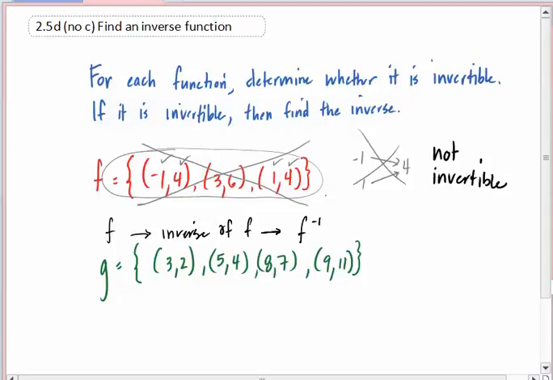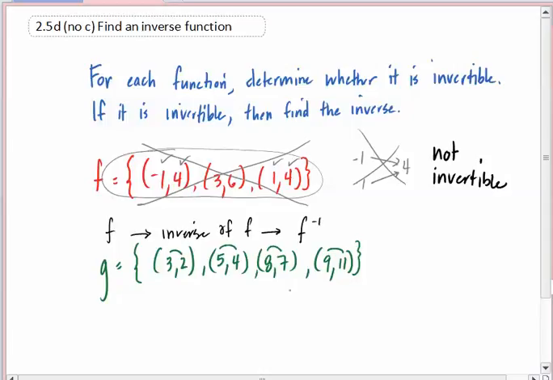So let's take a look at this g function. I'm looking to see if any two pairs of coordinates have a different first coordinate with the same second coordinate, and they don't. So first of all, we know it's a function.